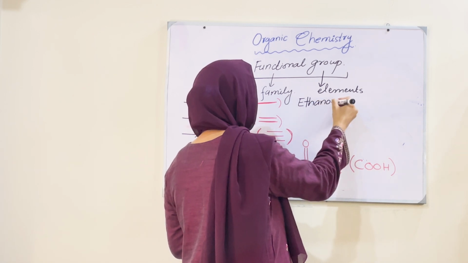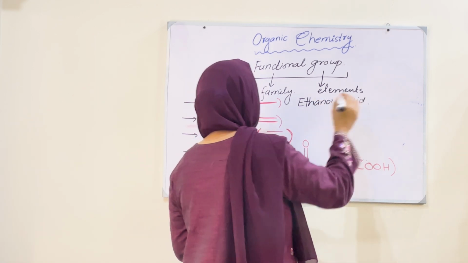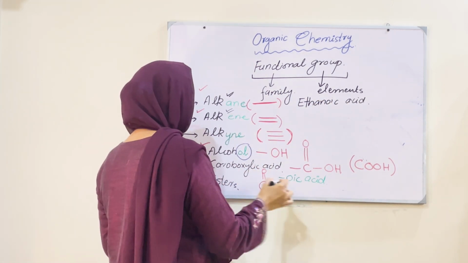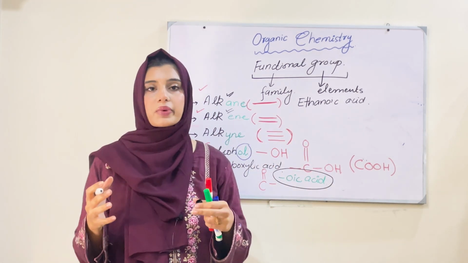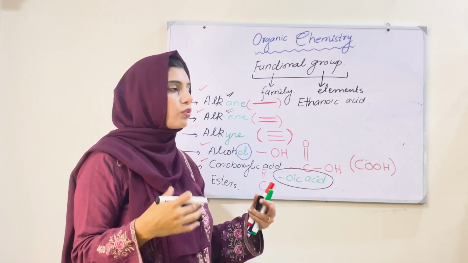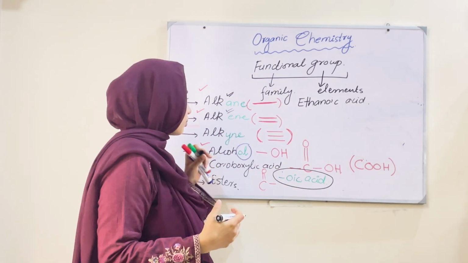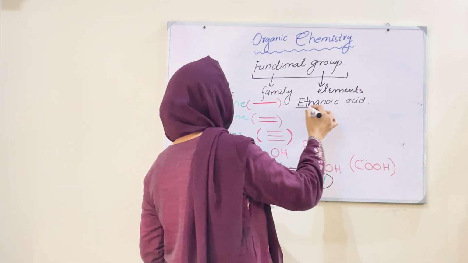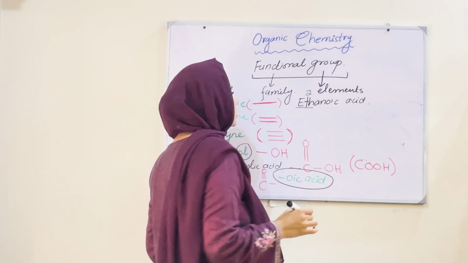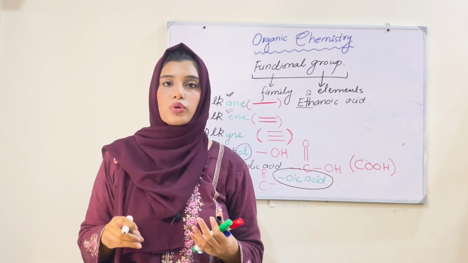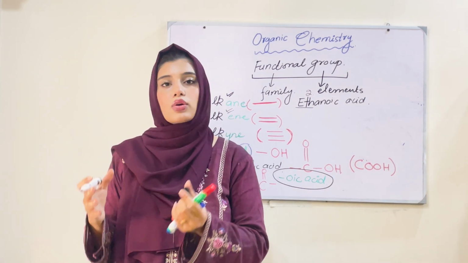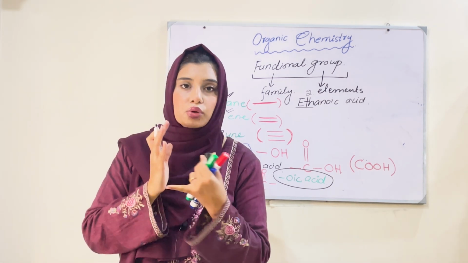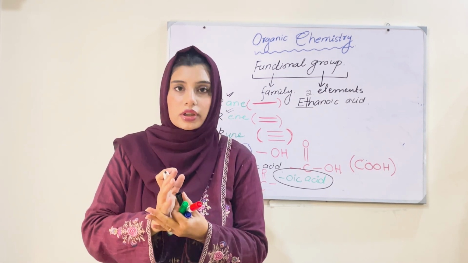If you can see, oic acid is the suffix which will represent the carboxylic group, the functional group of carboxylic acid. And eth means it will have 2 carbons. So whenever the compound has 2 carbons in it, that is ethanoic acid. The total 2 carbons must be in it.